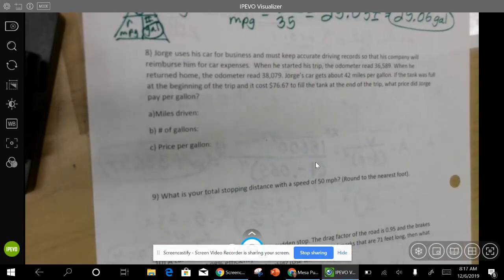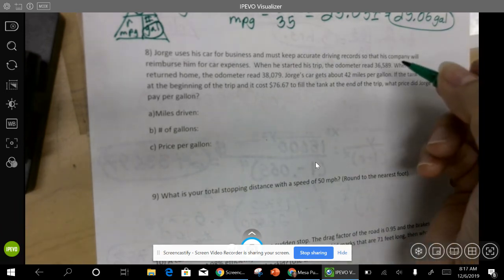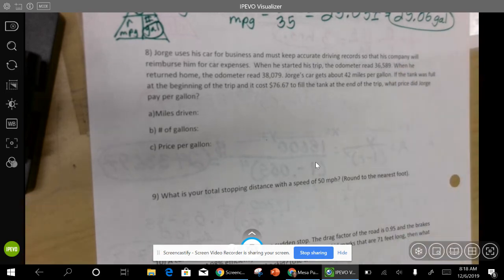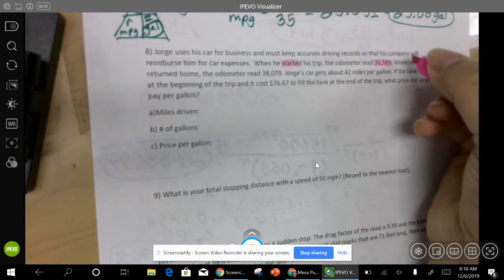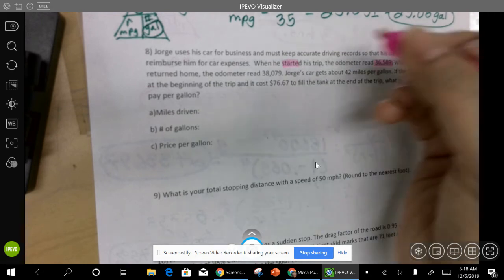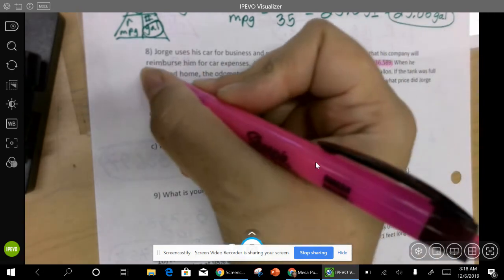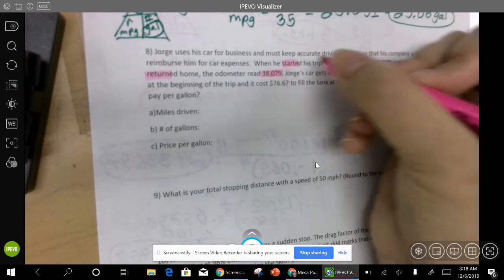Okay, next one. Jorge uses his car for business and must keep an accurate driving record. So the company will reimburse him for his car expenses. When he started his trip, the odometer read 36,589. When he returned home, the odometer read 38,079.